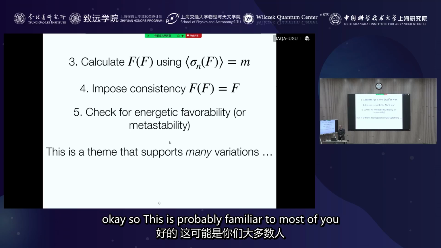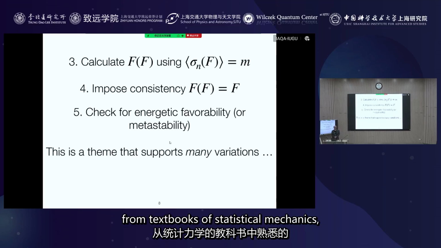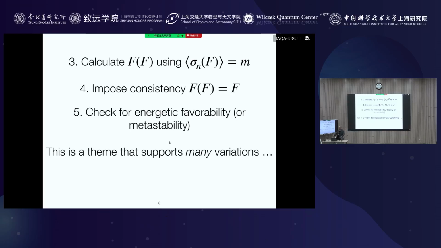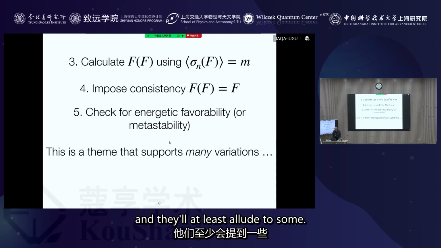Okay, so this is probably familiar to most of you from textbooks of statistical mechanics, but it's quite profound and supports many variations. And we'll at least allude to some.